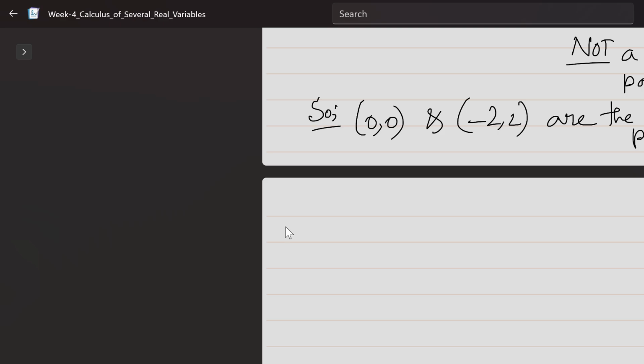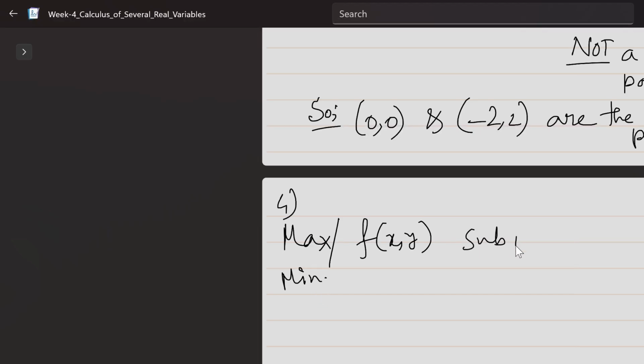So you have to find here maximum or minimum, whatever, of f of x comma y, subject to g of x comma y equal to c. You know how to solve? Subject to means on this line or on this curve, subject to some condition.